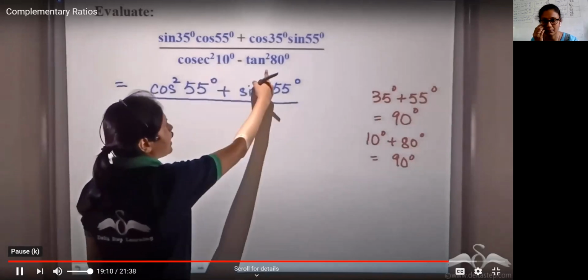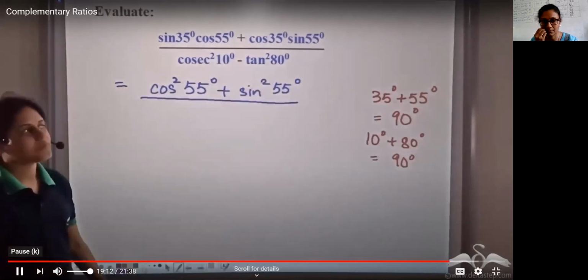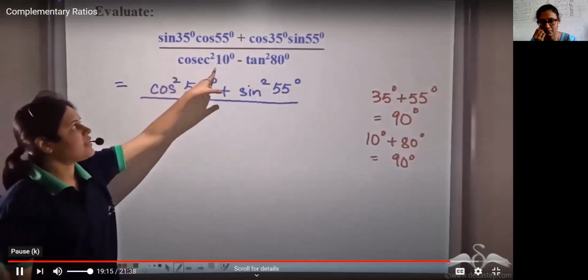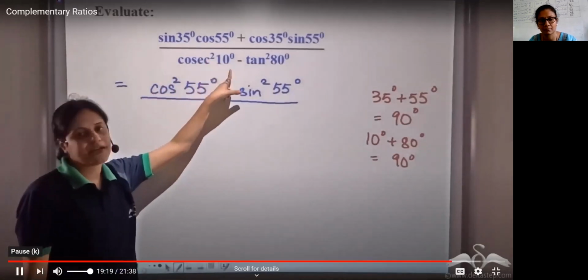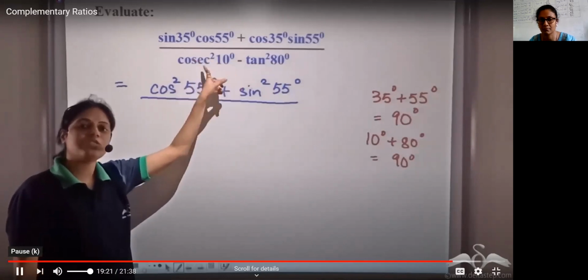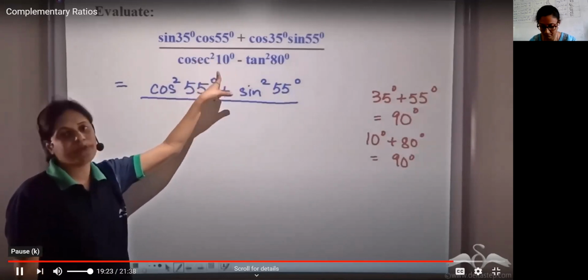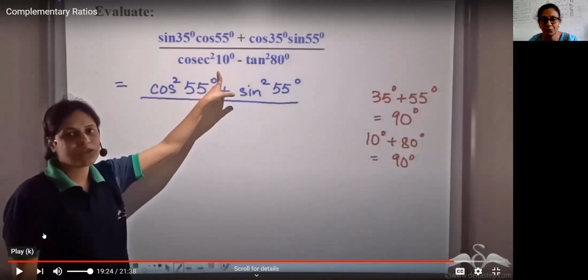Again cosec and tan. Now cosec 10 degree is equal to sec 80 degree because cosec and sec are complementary ratios. I hope you understand. She is going to write cosecant 10 as secant of 90 minus 10, which becomes secant 80, so cosecant square 10 can be written as secant square 80.